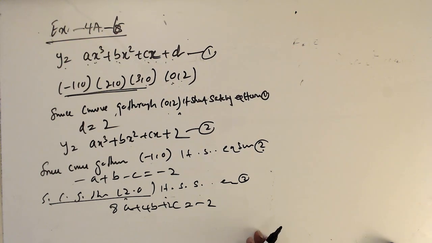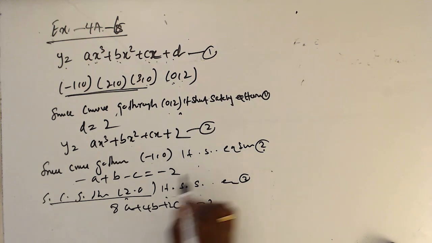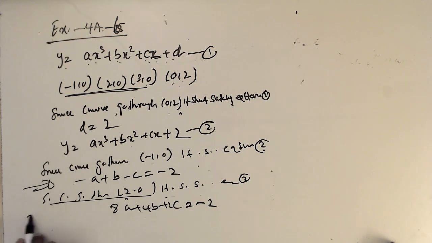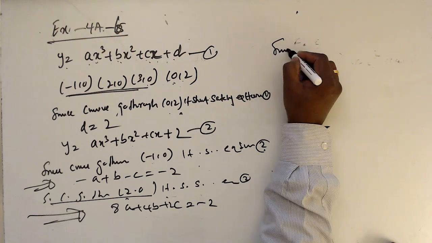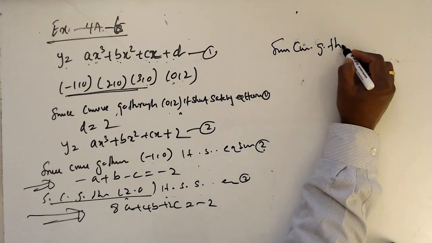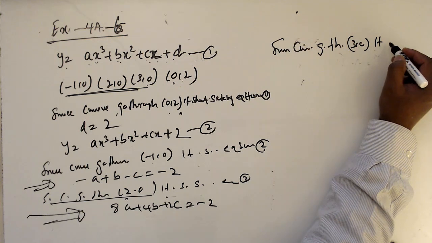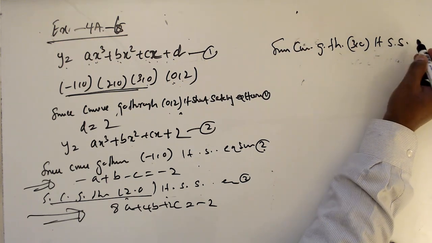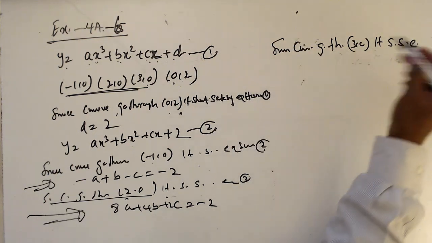Now I have two equations, this one and this one, and now since the curve goes through 3, 0, it should satisfy equation 2.